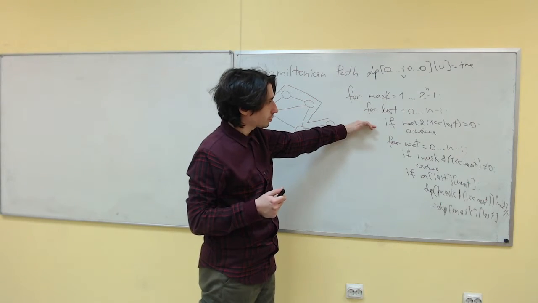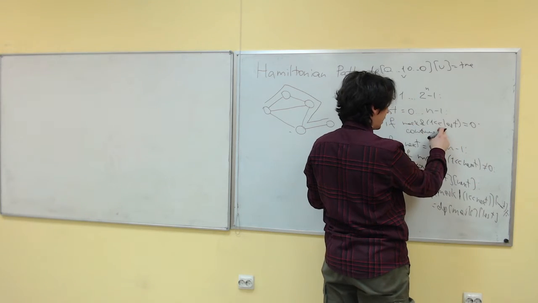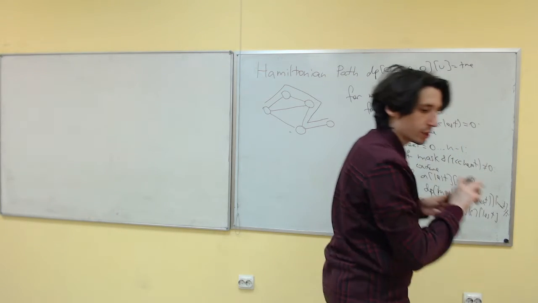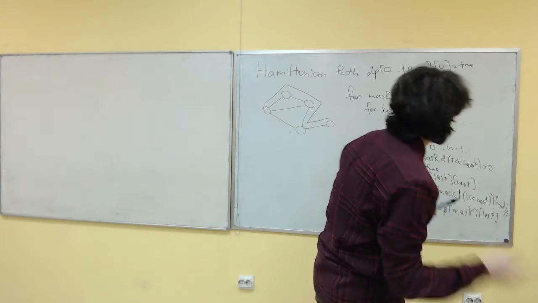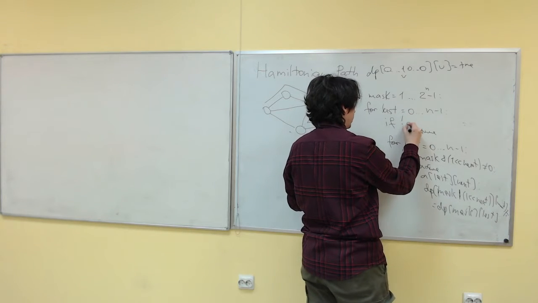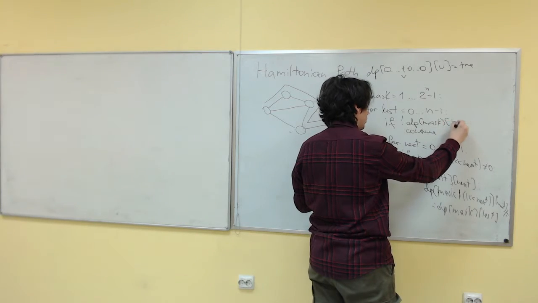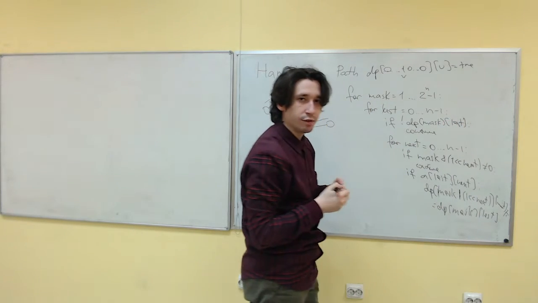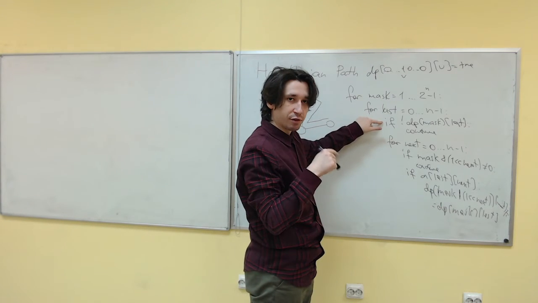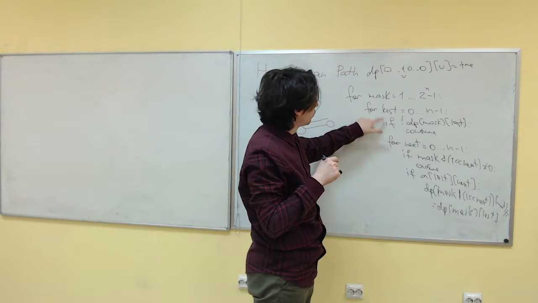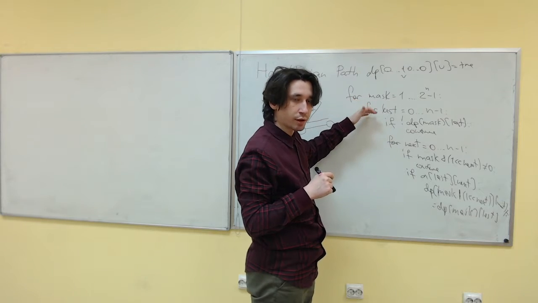If not dp of mask, last, so if the dp says that we cannot find a path from mask to last, then we can just continue with another step.